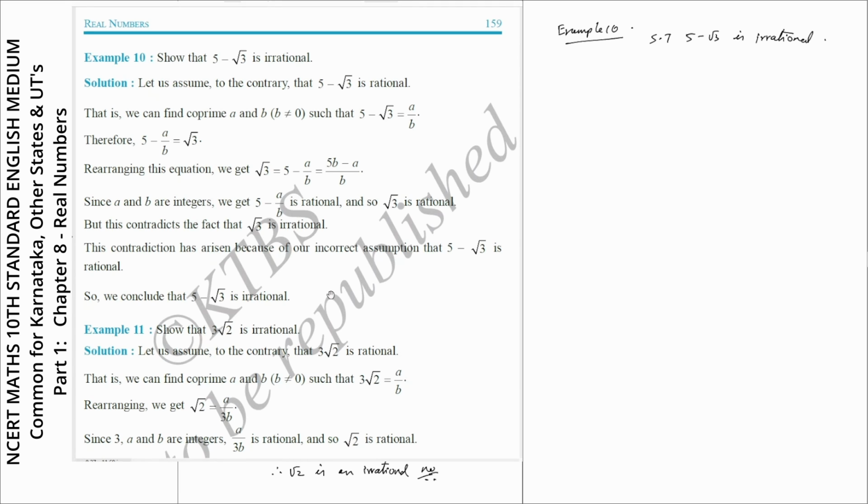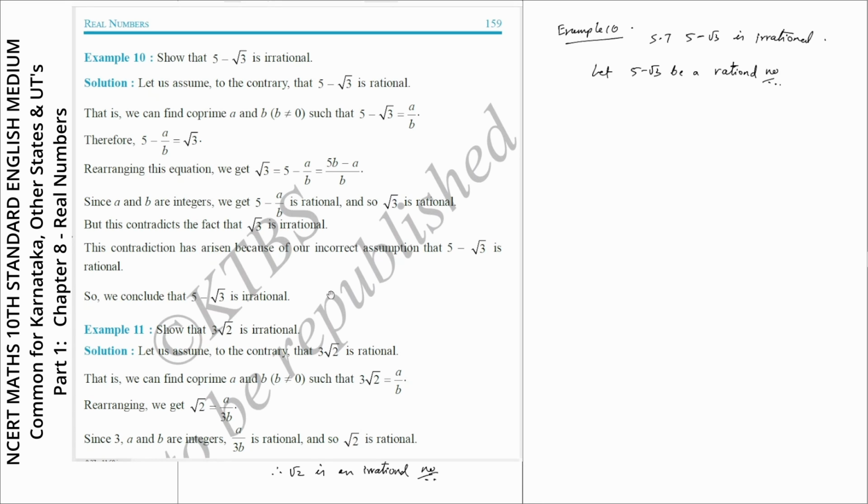So here also, as in the previous case, we will try to prove that this number is a rational number. If we are unable to prove that it is a rational number, then it means it's an irrational number. So what I'll do is, I'll assume let 5 minus root 3 be a rational number.